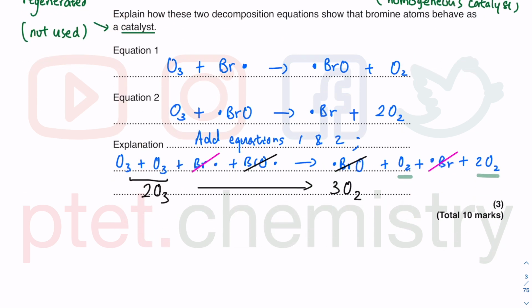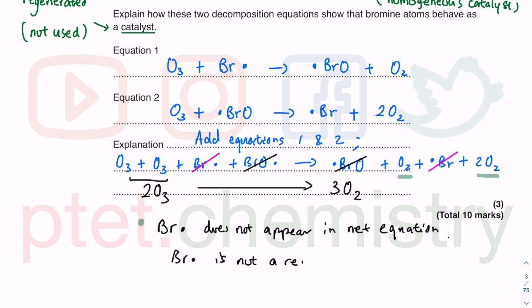And you will see that there are two things I can comment on here. The Br dot does not appear in the net equation because it's not a reactant. But what exactly they are looking for in your explanation is that you reform the Br dot in the end.